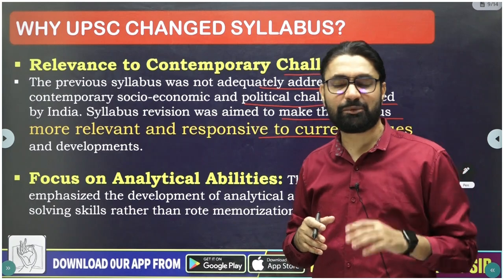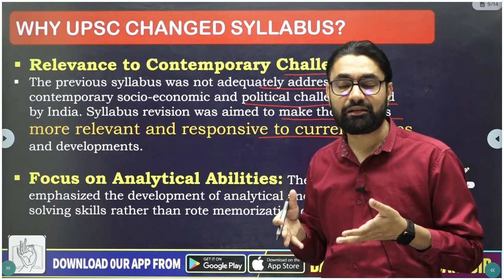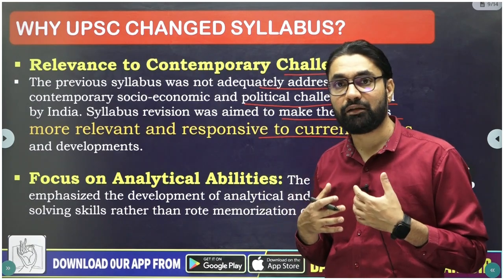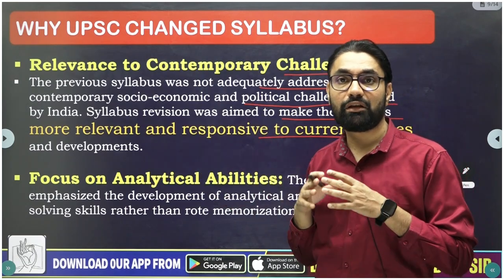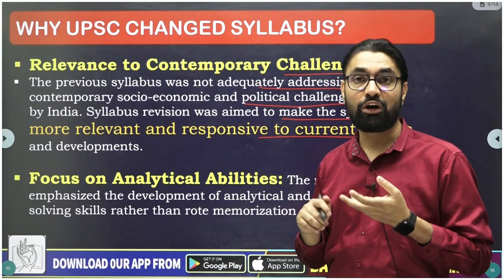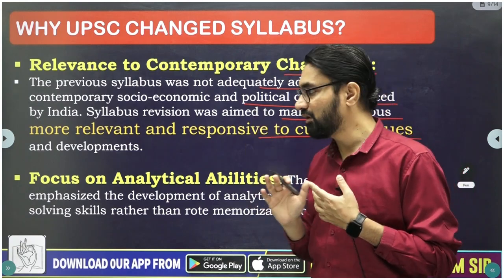IPC and CrPC, which were made in the 19th century, with that mentality the British left behind, and the 20th century bureaucratic mentality, we are governing 21st century India, and that's the major problem with India today, and that's what they don't want, a rigid rule-bound bureaucracy, but a flexible, open-minded bureaucracy.